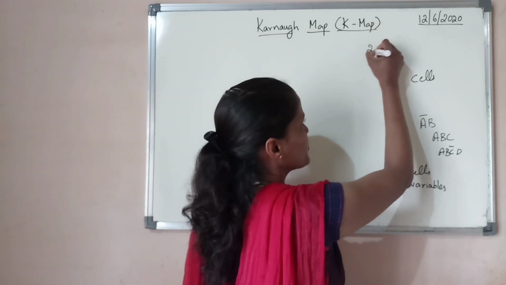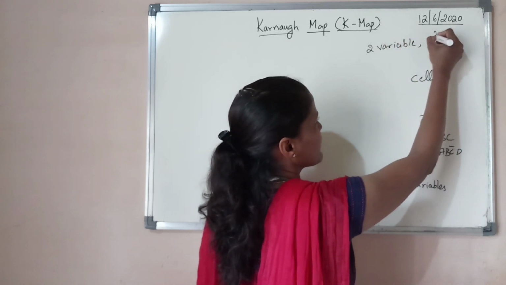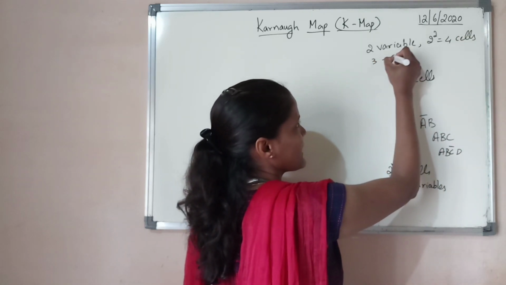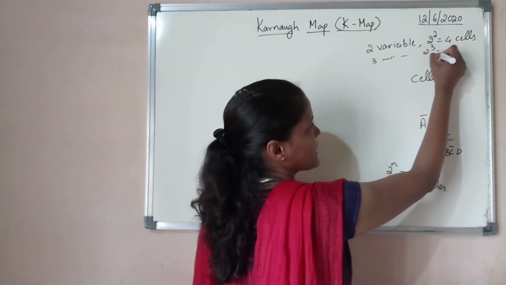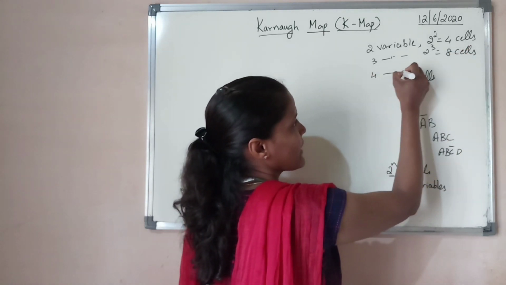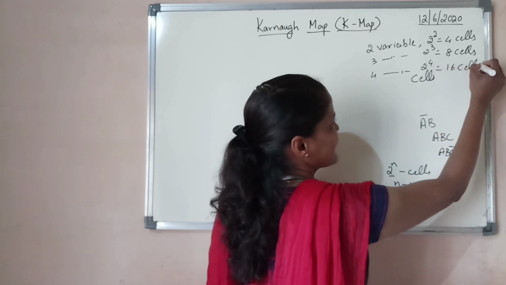If I have two variables, the number of cells will be 2 to the power of 2, which is equal to 4 cells. For three variables, 2 to the power of 3, which is equal to 8 cells. Are you getting it? For 4 variables, 2 to the power of 4, which is equal to 16 cells.